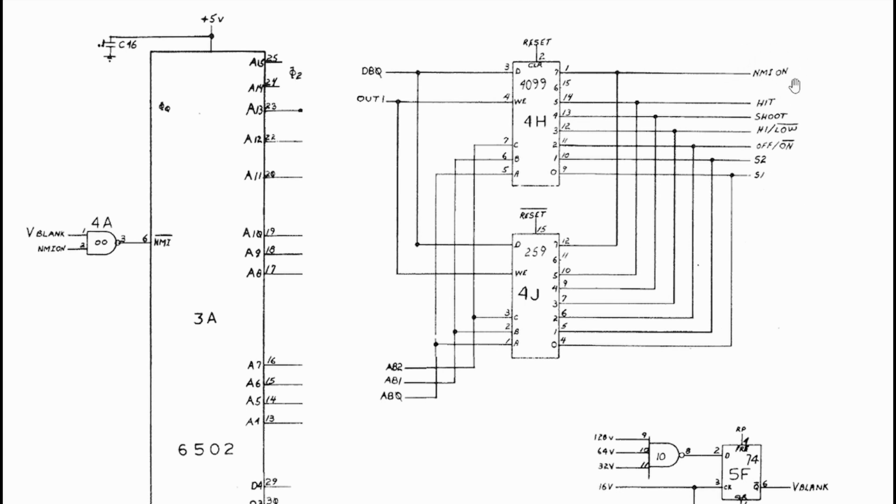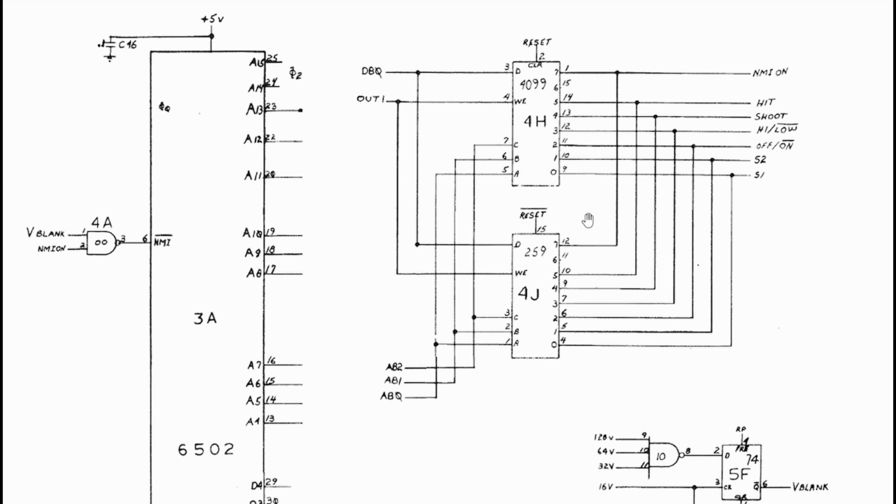One point to note is that in these schematics, as far as I can tell, the circuit either uses the 4099 chip or the 74LS259 chip. I'm not sure why they put both in the schematic, but looking at the actual photo of the circuit board, we see only the 259 present. From what I can tell, the functionality is exactly the same, except that the behavior of the reset pin is reversed.